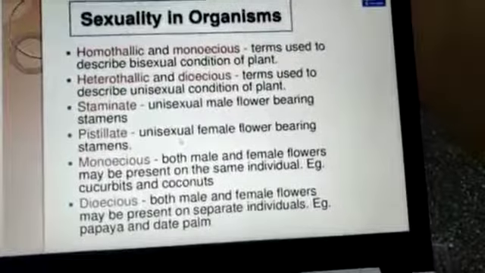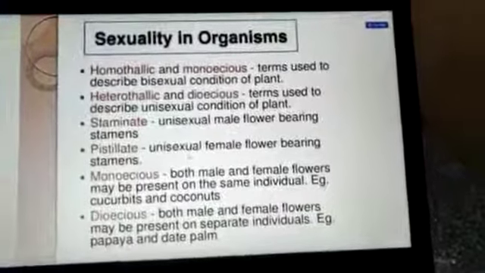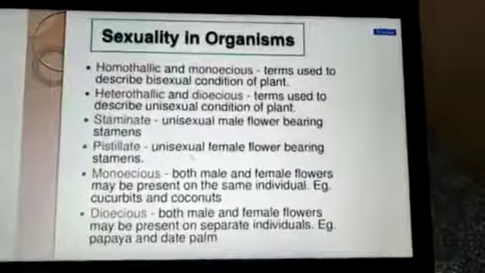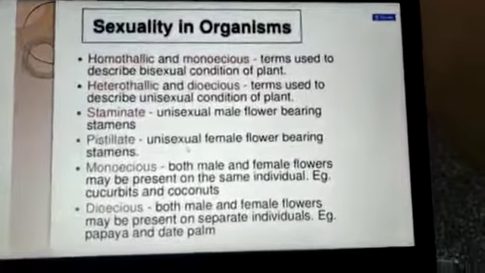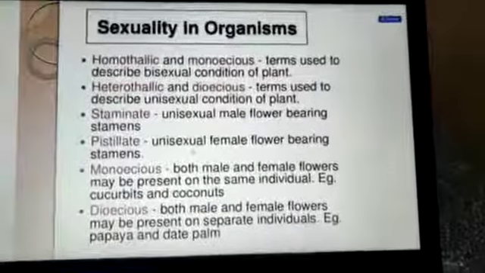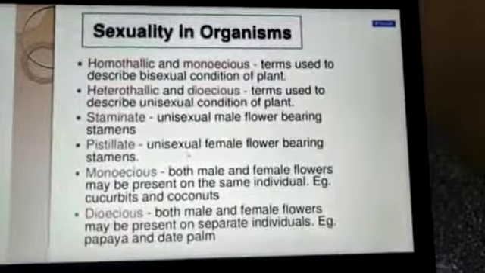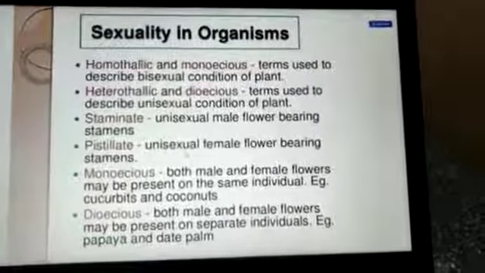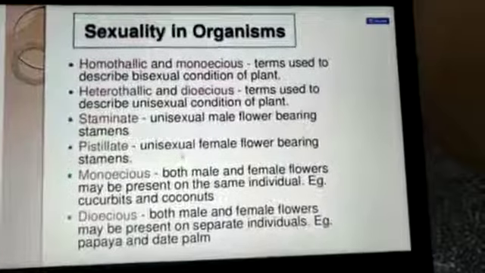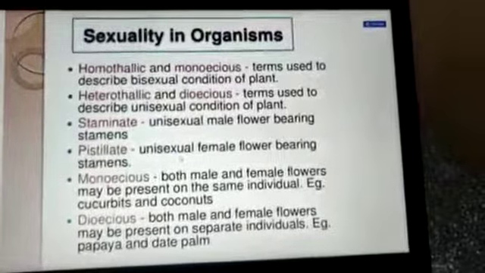Now sexuality in an organism: homothallic or monoecious. You already studied these terms in class 11 biodiversity. You have to recall these very nicely. Homothallic and monoecious. Mono means one, homo means similar.